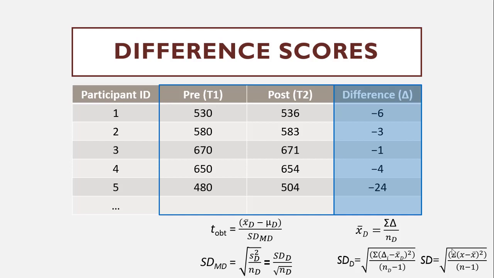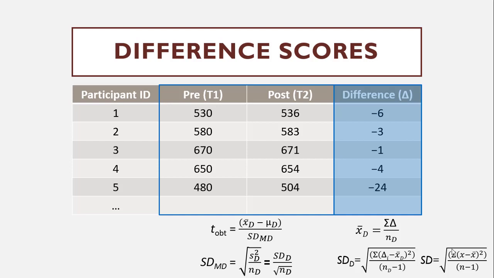For the second person, how far is -3 from the average difference score? So we take each individual difference score, noted here as delta with a subscript i. Again, that i is just an indicator to help remind you that we are doing this for each individual person, and we're going to have to keep track of that. And the i would then become 1 and 2 and 3 and 4 as we move from participant 1 to 2 to 3 to 4.